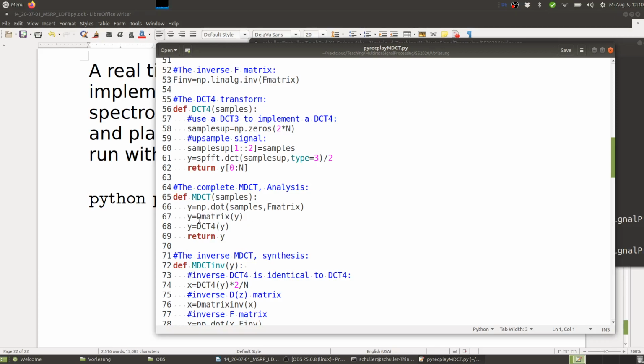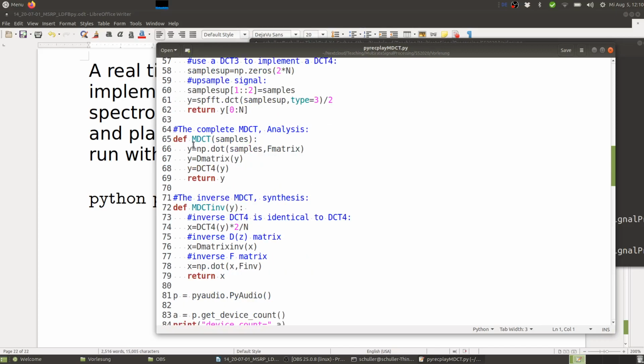Then you apply the multiplication with the D matrix by just calling the function D matrix of Y. And then you call the function DCT4, and the result is the resulting MDCT output block for this input block.